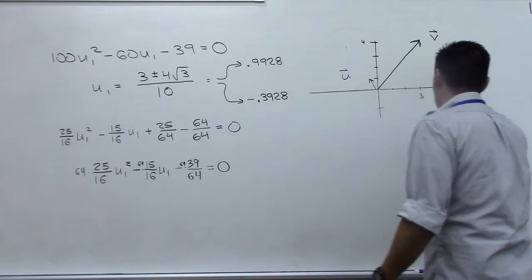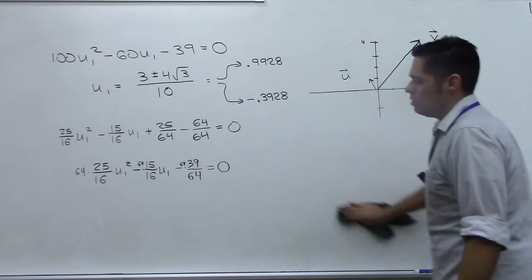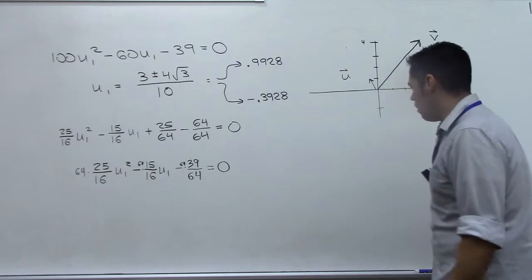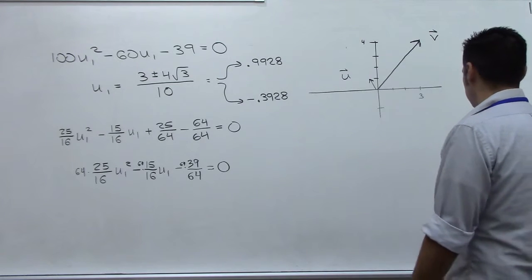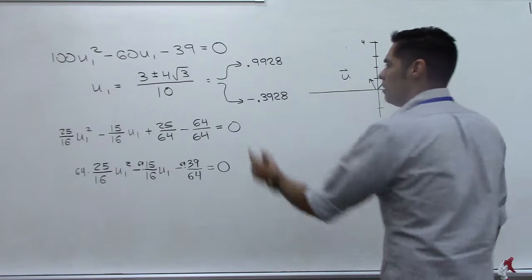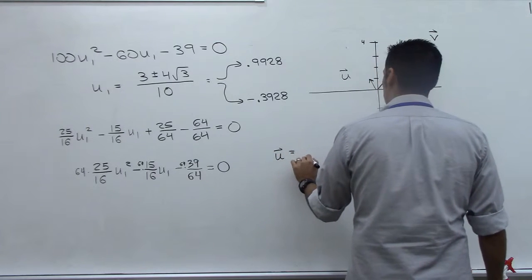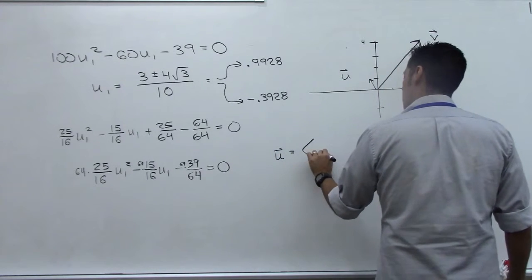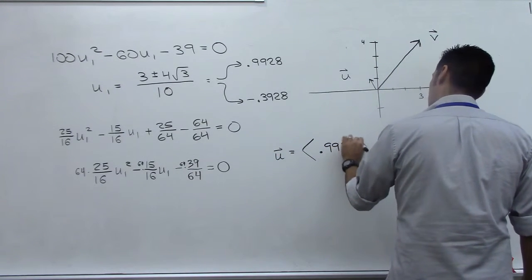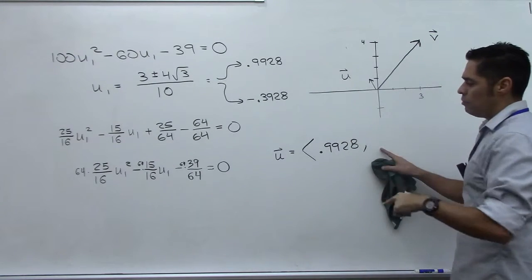And remember, we had an equation for u2. We had solved for u2 a while back. So here's what we've got. u should be equal to the vector 0.9928, and then you have to go compute what u2 is.